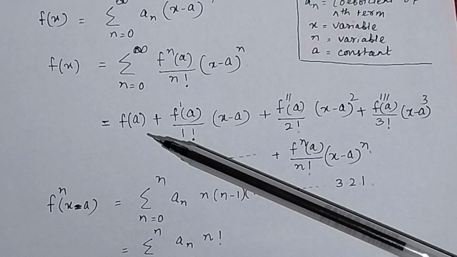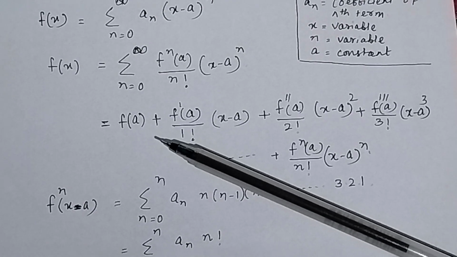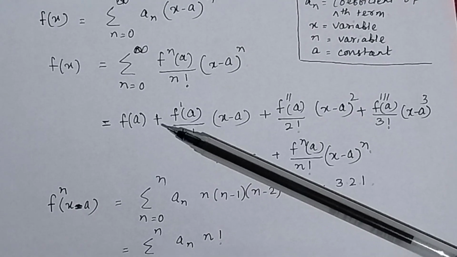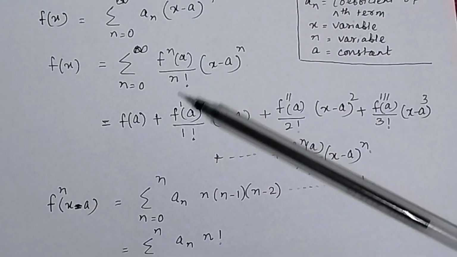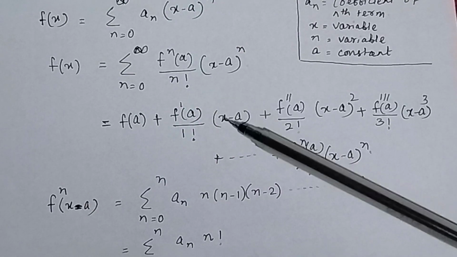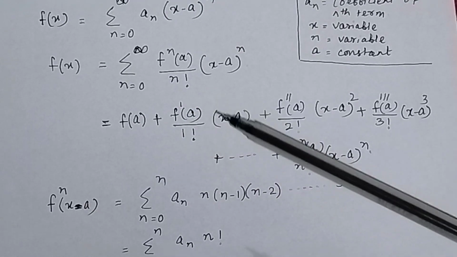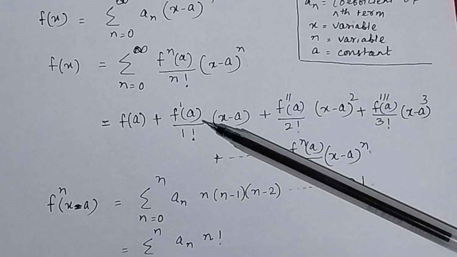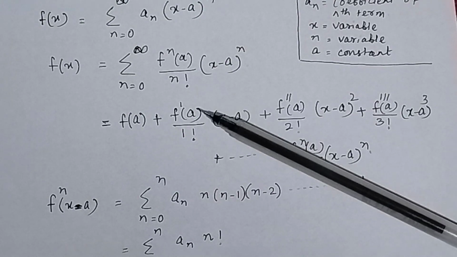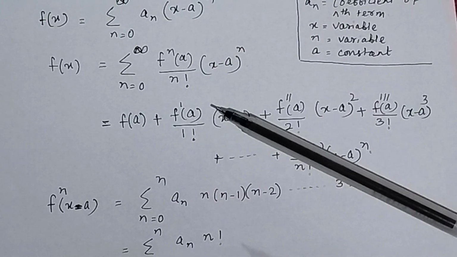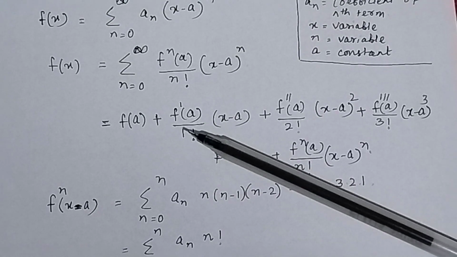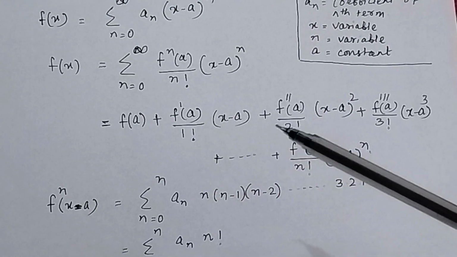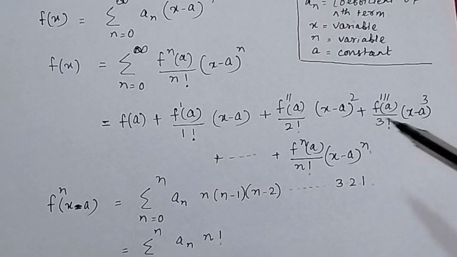You cannot plot the exact nature of the function if you take only the first term. But if you take the second term, the first derivative, then the nature of the curve will change slightly. You will get the exact nature of the curve when you take successive derivatives.